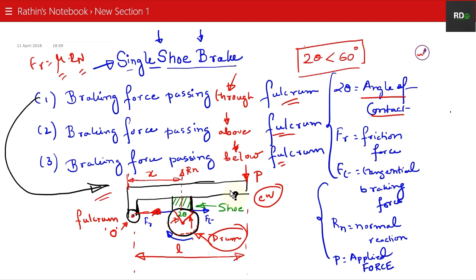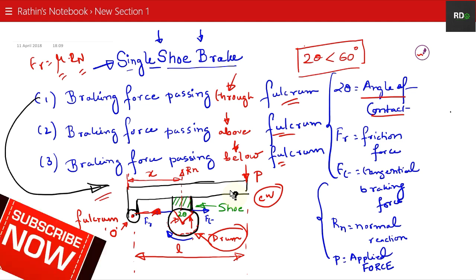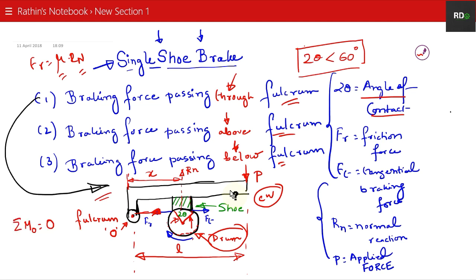If we take moments about O, the fulcrum, the summation of M about O should be 0 to have an equilibrium system.